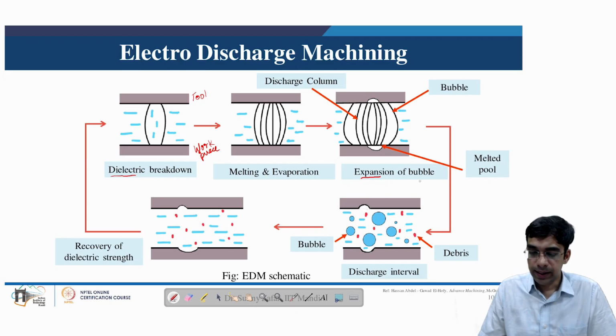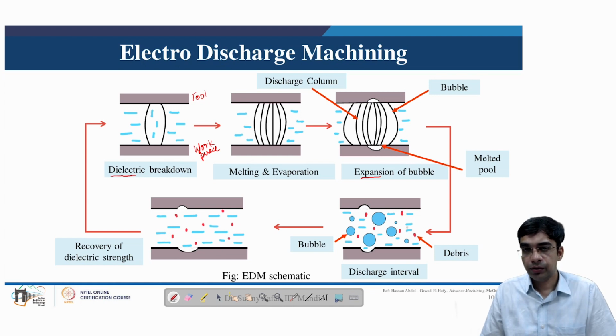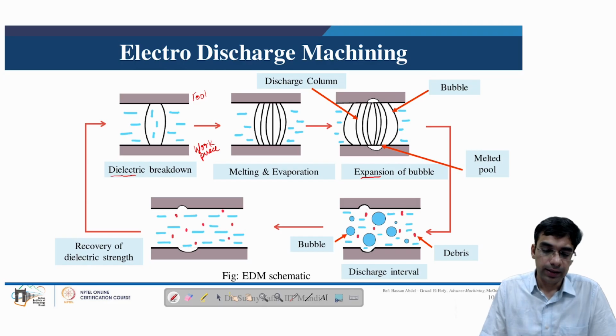Then as the bubble size increases to a critical value, the bubble collapses, and because of the collapsing bubble, the debris is also removed from the machined surface. Then this dielectric is subsequently brought into the pump for recirculation, wherein the filter present in the pump system removes the debris, and again the setup is ready for the next discharge.